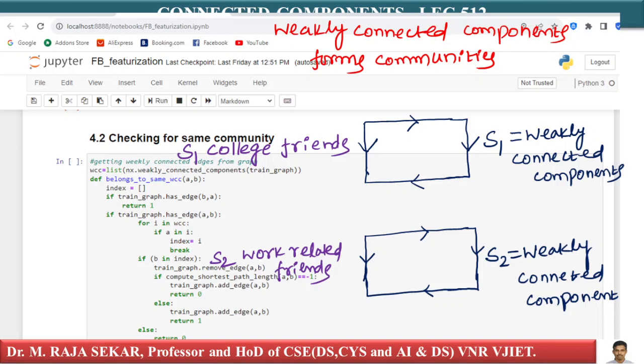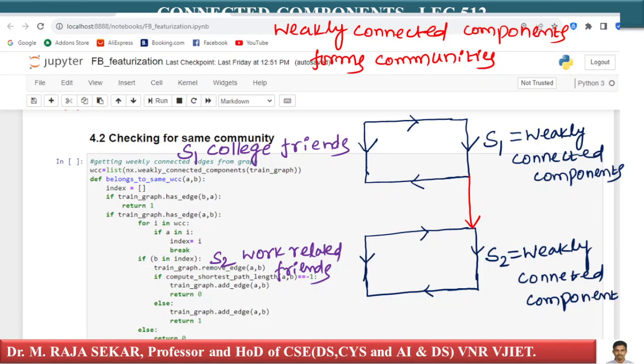So weakly connected components in graph theory can be thought of as a community of people who share something similar amongst themselves. Imagine if I have an edge in between S1 and S2, just the presence of this edge will make it a single connected component, which means a single community.